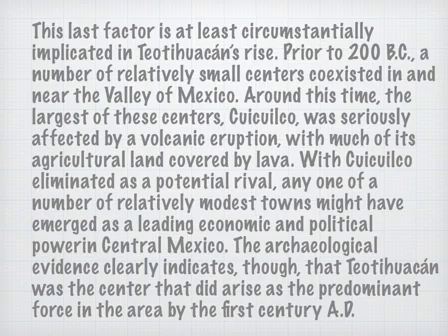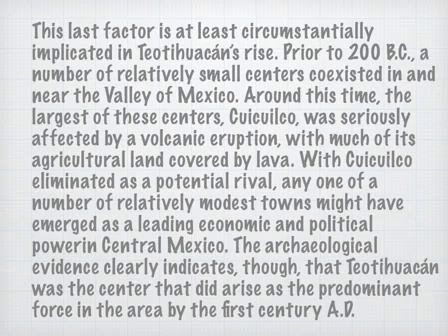This last factor is at least circumstantially implicated in Teotihuacan's rise. Prior to 200 BC, a number of relatively small centers coexisted in and near the Valley of Mexico. Around this time, the largest of these centers, Quilquilco, was seriously affected by a volcanic eruption, with much of its agricultural land covered by lava.